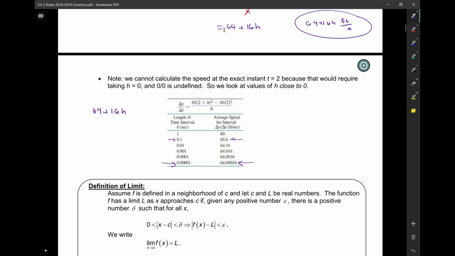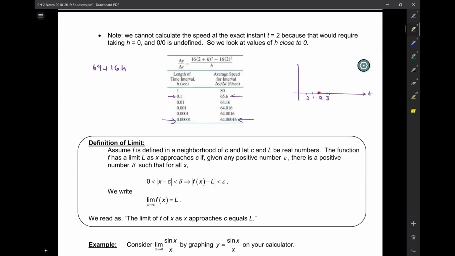So take a look here, this is time, 0, 1, 2, 3. If I was looking for the average speed between 2 and the point right next to it, how much is h in this case? H is the difference between the red and the blue dots. Pretty darn small. If h was that small, then that average velocity would be the same as the velocity at that point t equals 2.